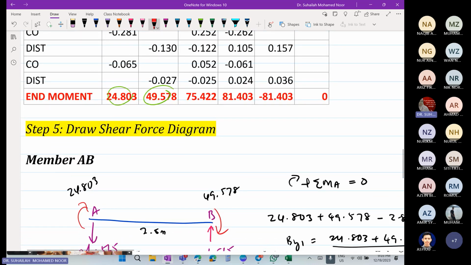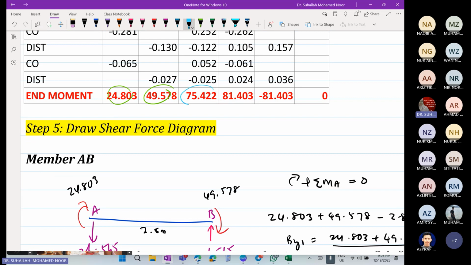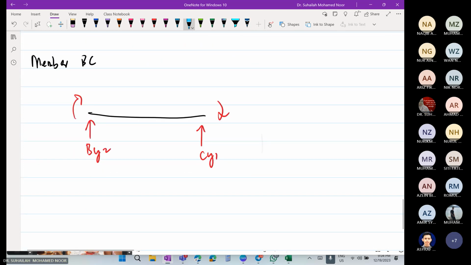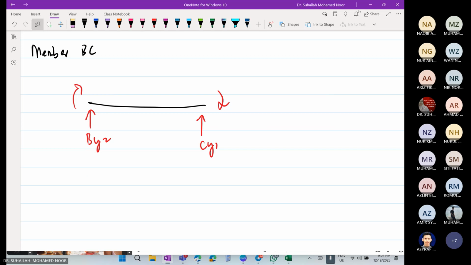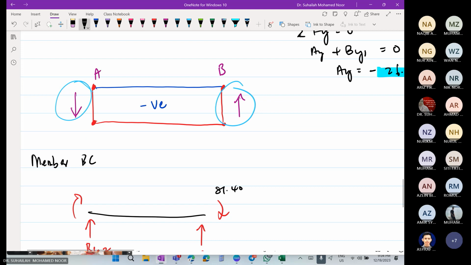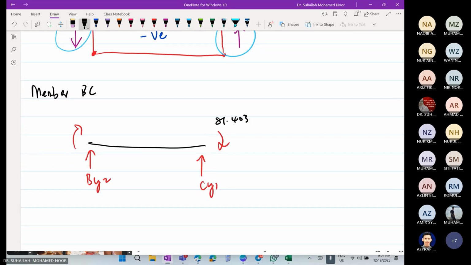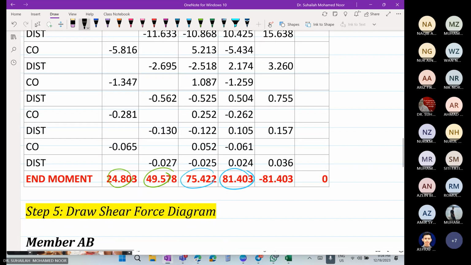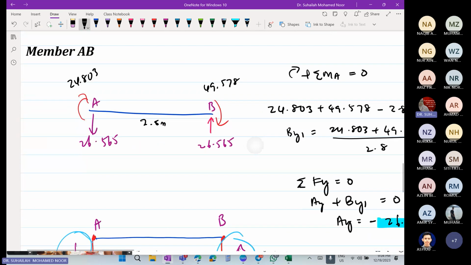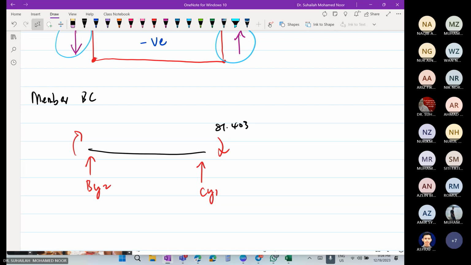Again, this is positive, positive, so we remain the sign: 75.422 and 81.403.